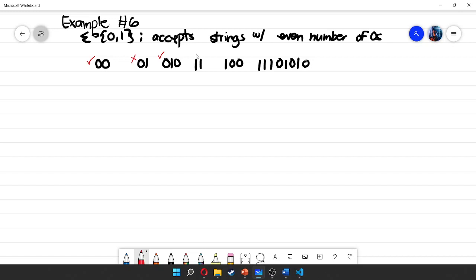So is zero divisible by 2, or is zero an even number? Yes, sir. Yes, okay. So accepted. Kaya again, wala siya zero. So is zero an even number? Yes, it is an even number. So it is accepted.